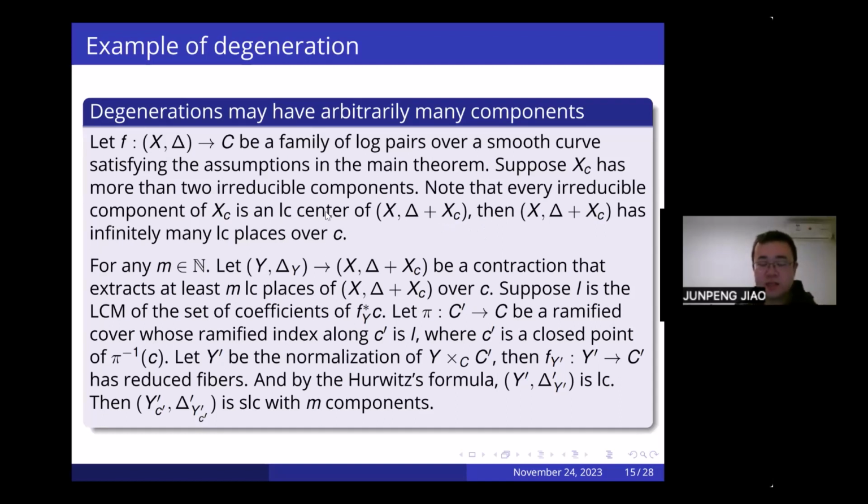LC places are divisors with coefficient equal to 1. Then we can blow up their intersection. We get more divisors. And we keep blowing up. We can see that there are infinitely many divisors over X whose discrepancy with respect to this pair is -1.